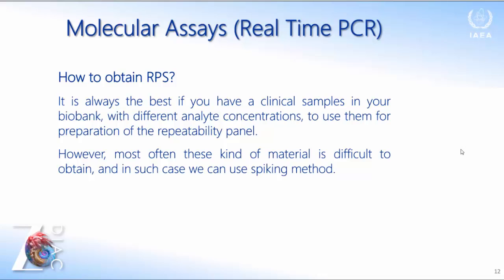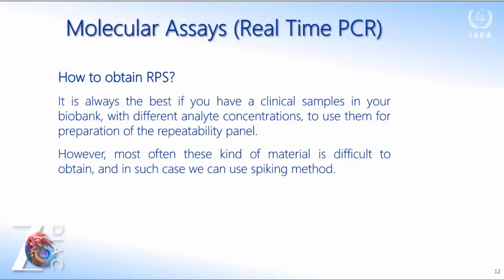So how to obtain this repeatability panel, how to compile one. It is always best if you can have clinical samples in your biobank, in your laboratory, with different analyte concentrations, and use them for preparation of the repeatability panel.